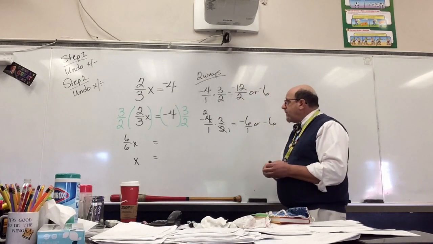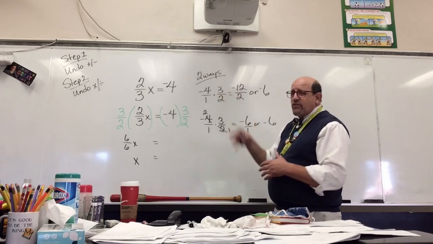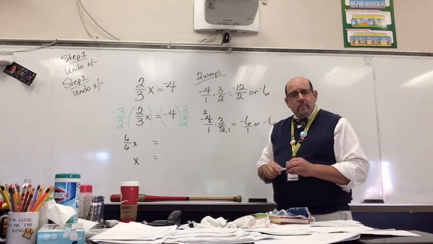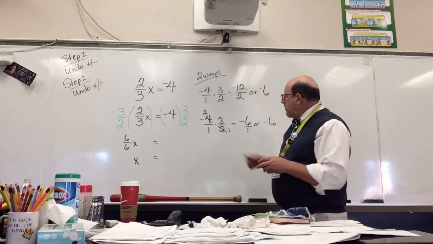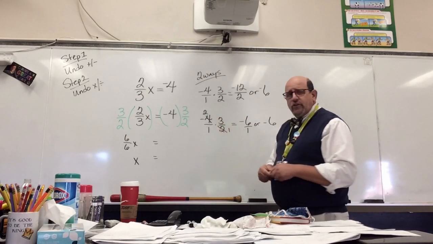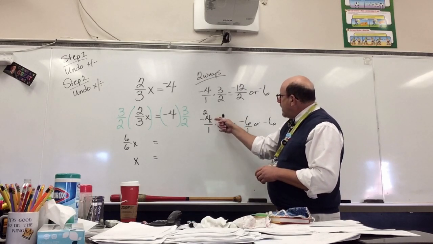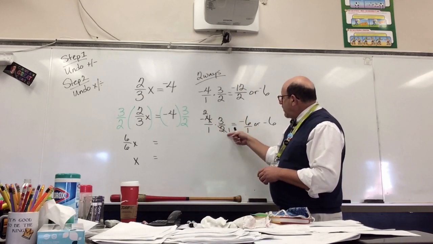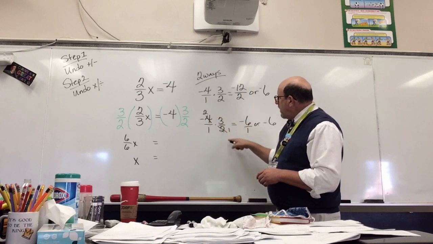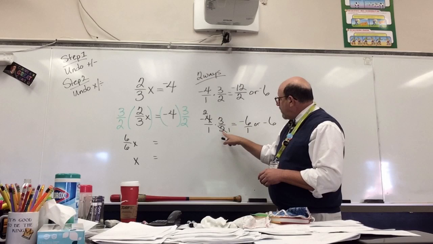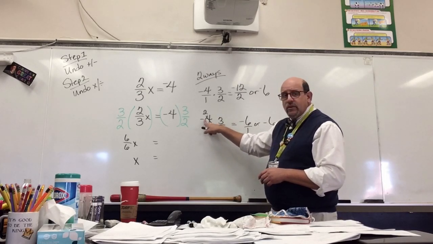Everybody knows that. That's one easy way to do it. When the numbers are nice and small, you can do that. When the numbers get bigger and bigger, it's easier to simplify first before you do that multiplication. And so I rewrote it again. -4/1, 3/2. I noticed that diagonally, I have a common factor of 2, so I can divide each of these by 2.